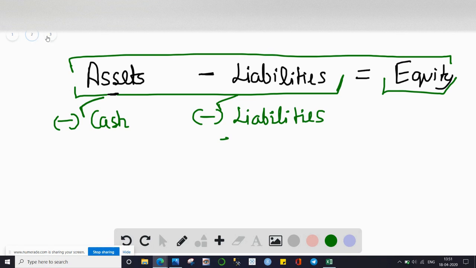That's all for the solution. Both sides decrease means this side also and this side also.